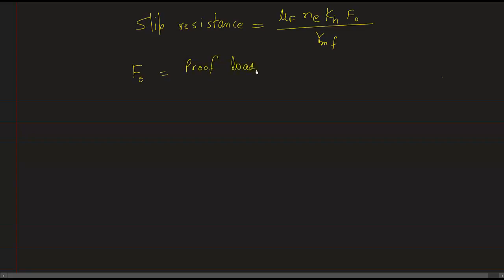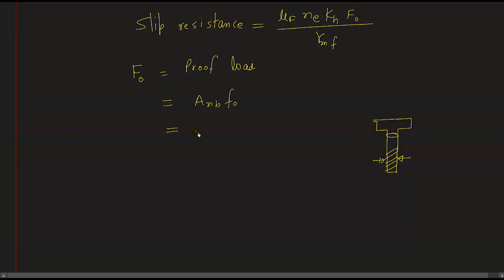So we can calculate this term first, that is An b times F naught, and An b is the net area at the thread. So if you remember, we are assuming this thread is under the shear plane. So if I have thread, this area is An b, that is basically taken equal to 78% of gross area, that is this area.